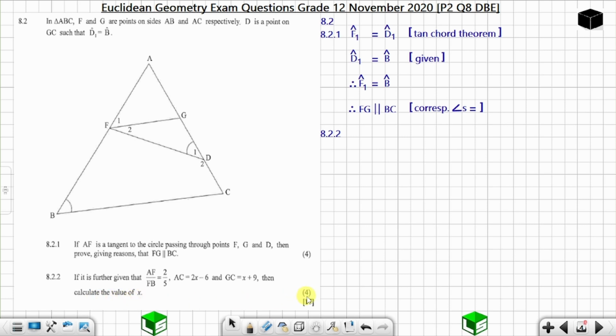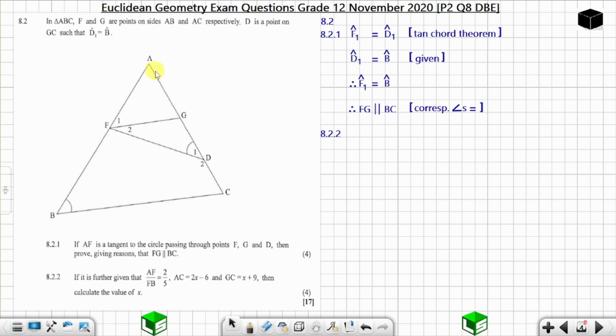So we have proved FG is parallel to the line BC, and you have triangle ABC.